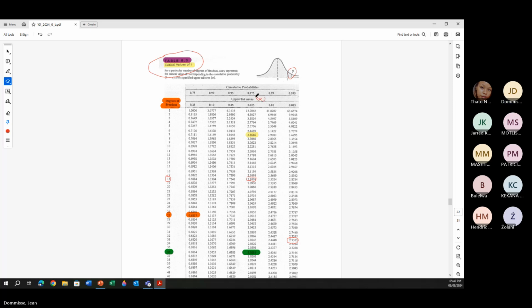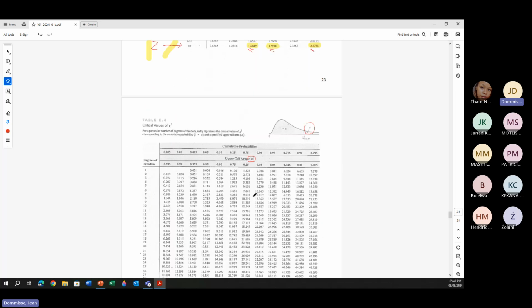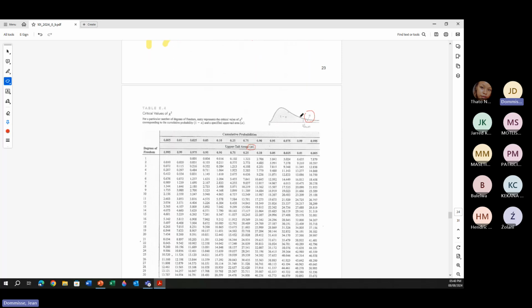I think the chi-squared table is a bit nicer because it shows alpha exactly where it is. So it will be exactly the same if we need to work with an alpha of 0.1, 0.05, 0.025. It's all there.